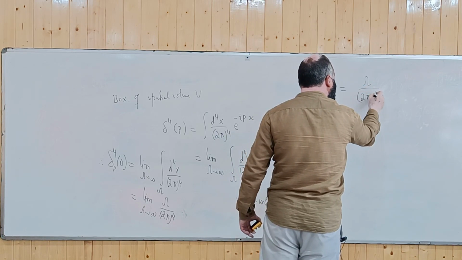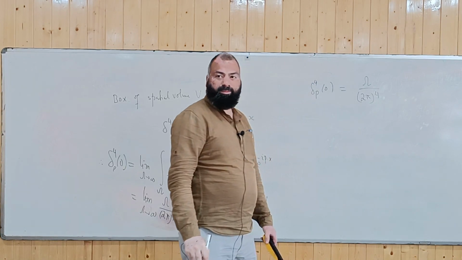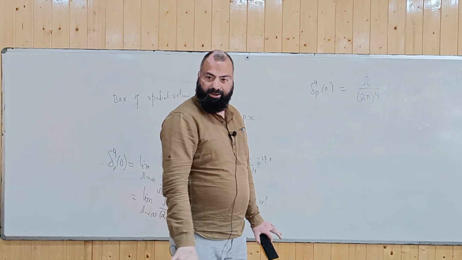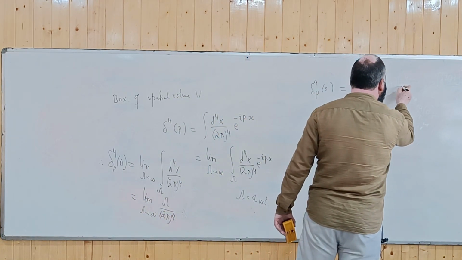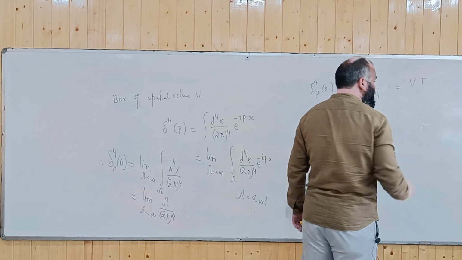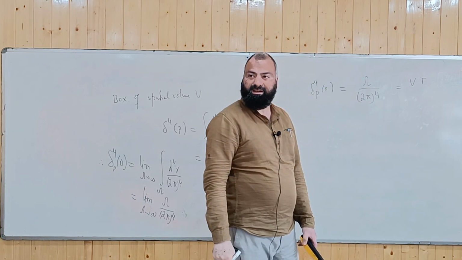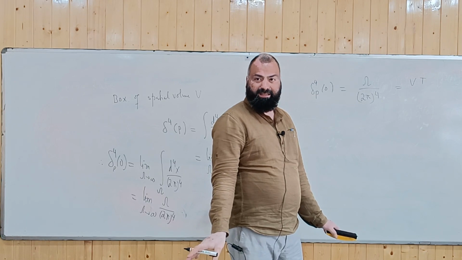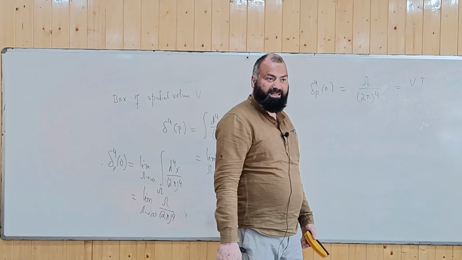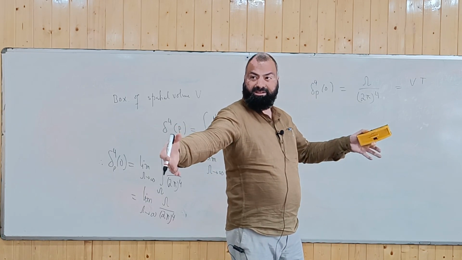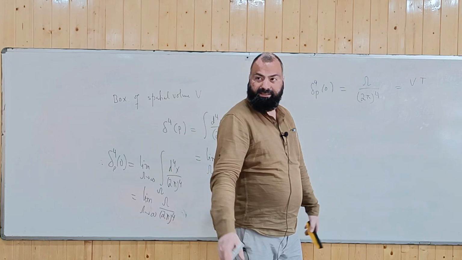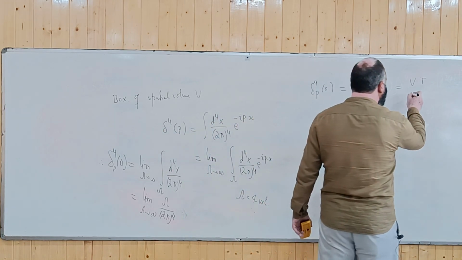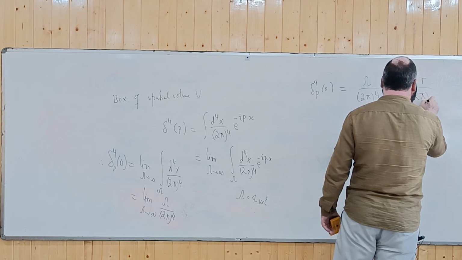At the end of the calculations, we will put omega tends to infinity. So this I can write as the spatial volume multiplied by the time dimension, c times t, which gives us the extension in the time coordinate, divided by 2 pi raised to 4.